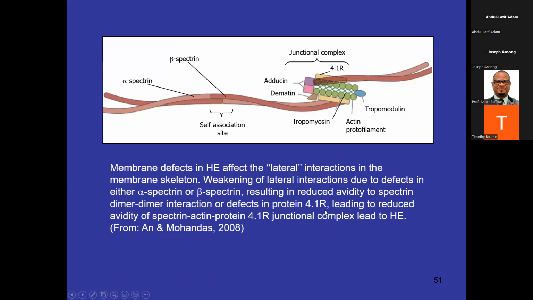So the lateral defect, the lateral interaction of the membrane skeleton, is a weakening of the lateral interaction due to defects in either alpha spectrin or beta spectrin, resulting in reduced ability of spectrin dimer-dimer interaction, or defects in protein 4.1R, leading to reduced ability of the spectrin-actin-protein 4.1R junctional complex, which leads to hereditary elliptocytosis.